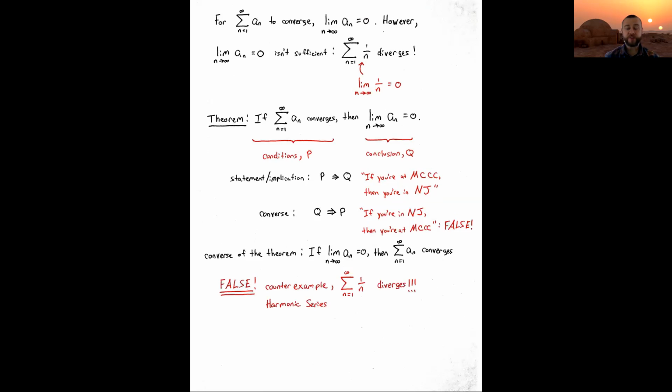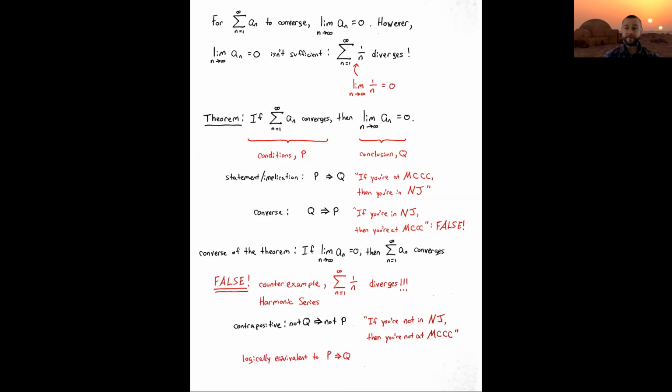So in mathematics, all it takes is one example, what's called a counterexample, to prove that statement false in general. The harmonic series, the term a sub n as 1 over n, does approach 0. However, the harmonic series is a divergent infinite series. Again, that's highly counterintuitive.